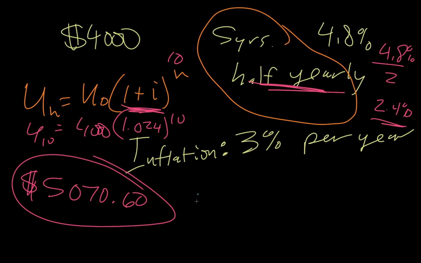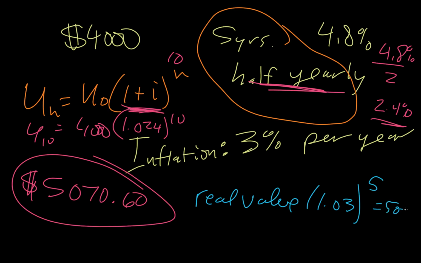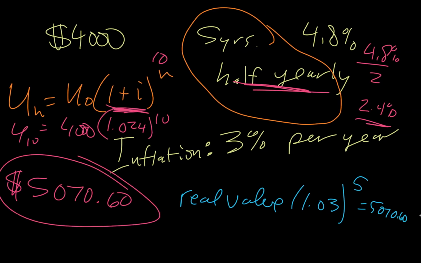We're going to take the real value, which we don't know, multiply that by the inflation rate over a 5-year period, and then set that equal to the value that we had.